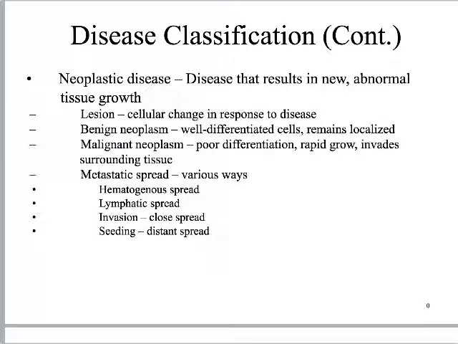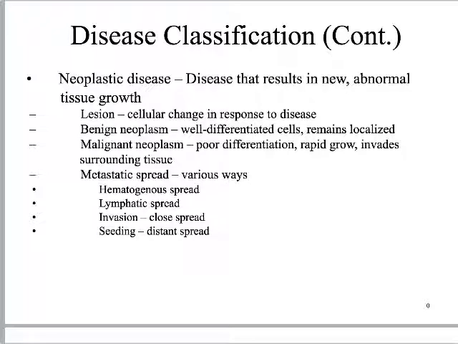And when we talk about metastatic spread, there's a number of ways that cancer can spread. It may be spread through the blood system, so we'll call that hematogenous spread. Lymphatic spread is through the lymph system, which is really common, for example, with breast cancer. Invasion is close spread. So we have breast cancer as the origin.